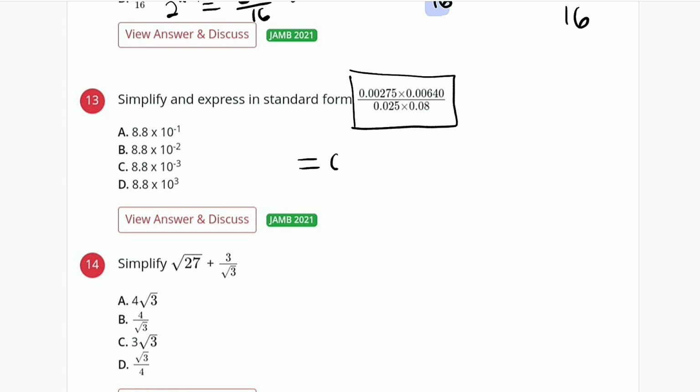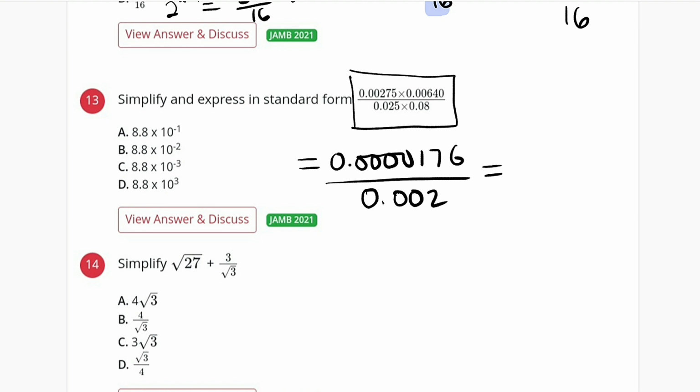This is equal to 0.0000176. Then if you multiply the other one, that is going to give us 0.002. Then let us divide. That will give us 0.0088.